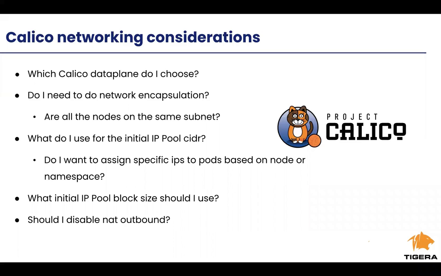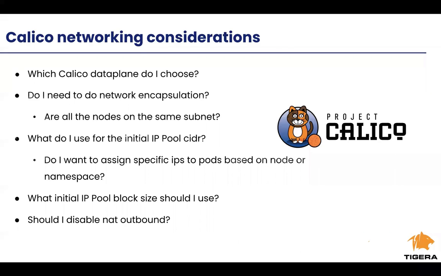And when it comes back, it's going to get reverse NATed back to the pod IP address, and Calico and kube-proxy will handle all of that. But this is the setting that determines whether or not your pod CIDR is private or not.